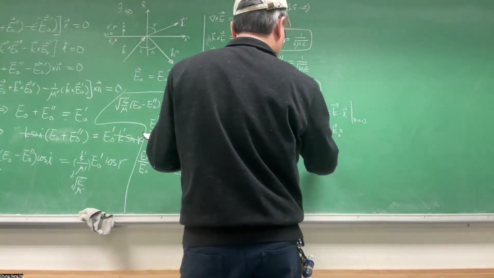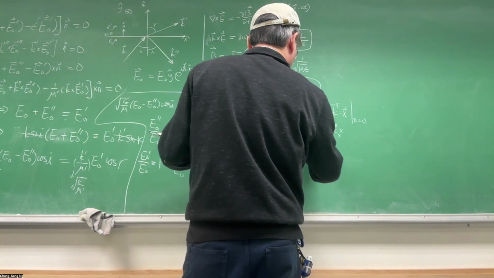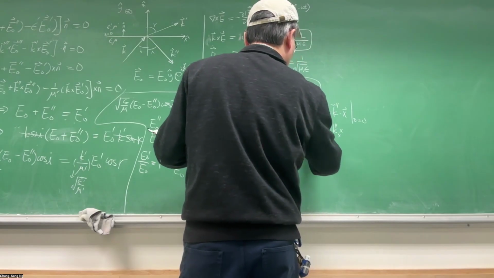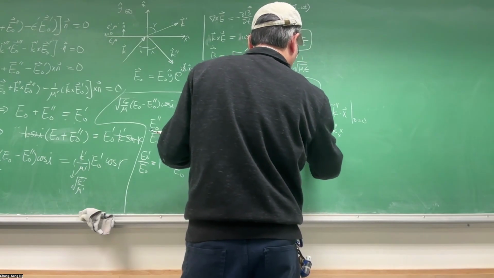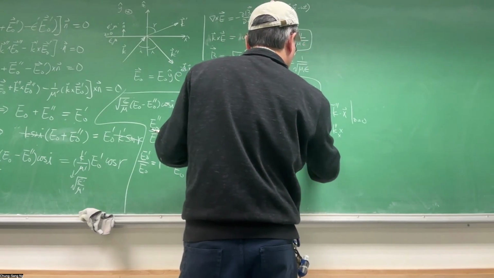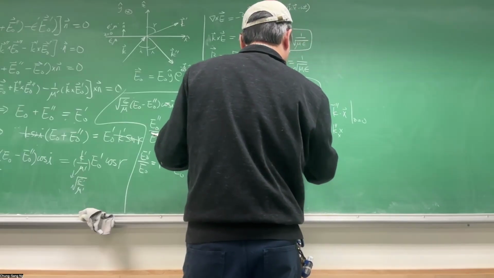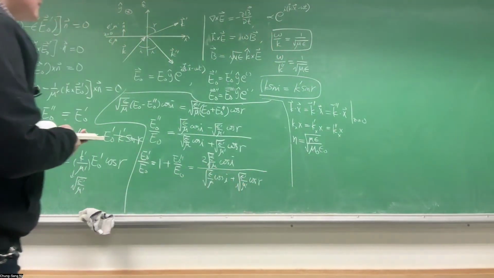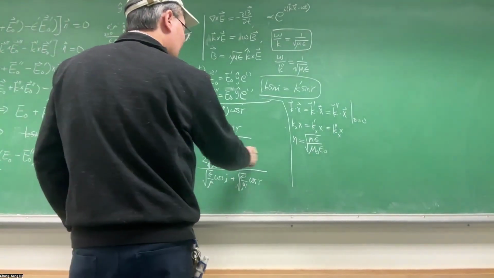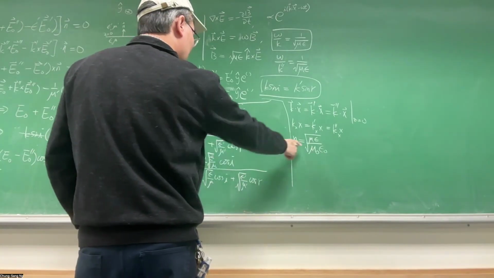And the phase velocity is 1 over the square root of mu epsilon.